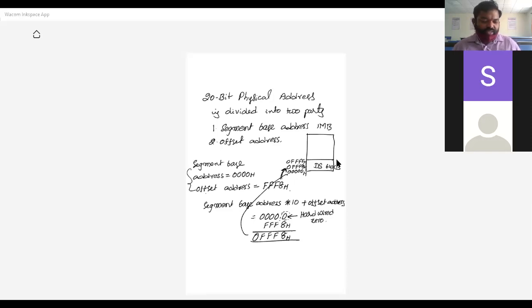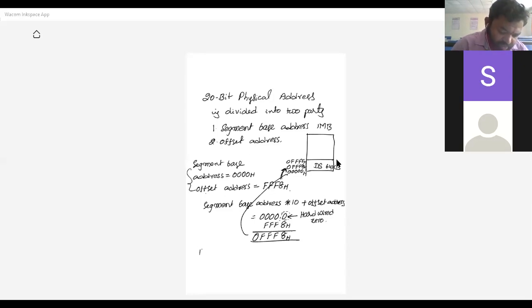So whenever you want to generate the 20-bit physical address, the 20-bit physical address means segment base address multiplied with 10 plus offset address. Now I will give you some examples for the segment base address and offset address. You people have to give the answer to my question.